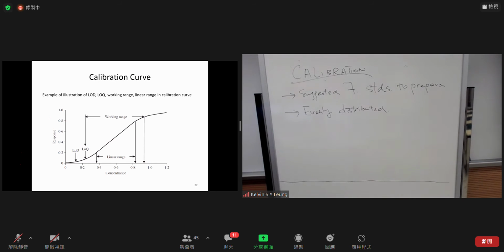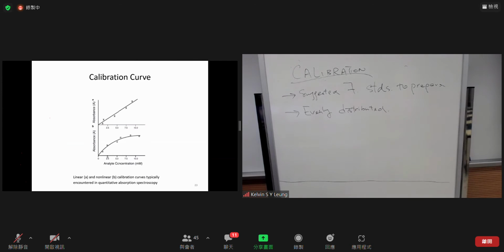So in the calibration curve, you will have some linear and some nonlinear parts.